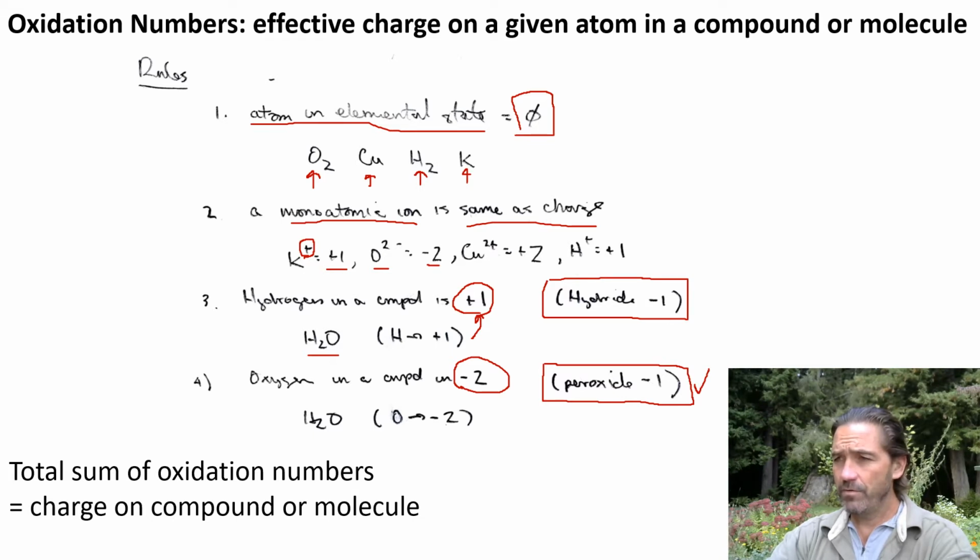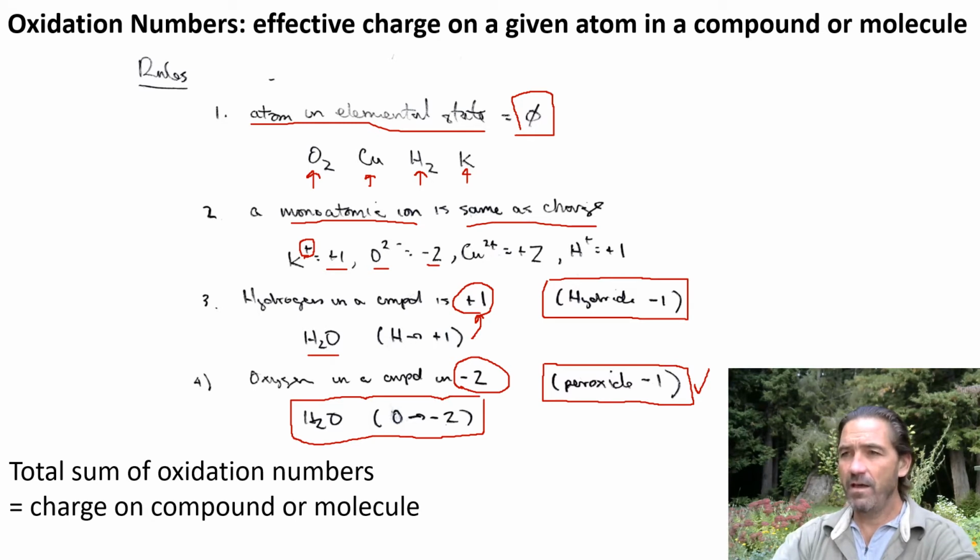We will use these rules primarily to get the oxidation numbers we know, such as oxygen, hydrogen, elemental state, in compounds, and reactants and products. And then from there, we'll be able to figure out what the rest of them are.